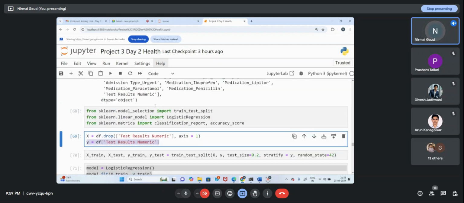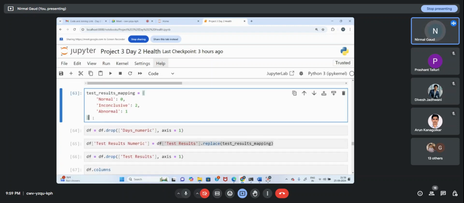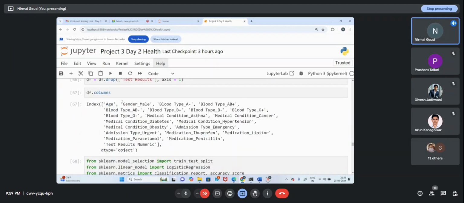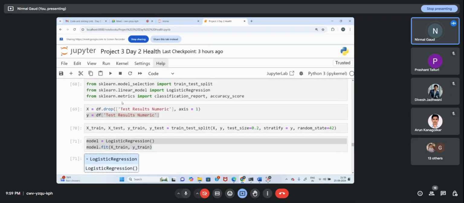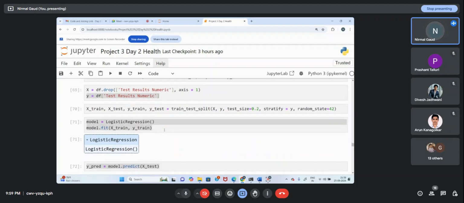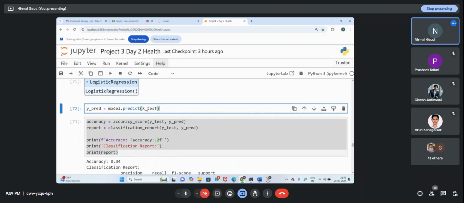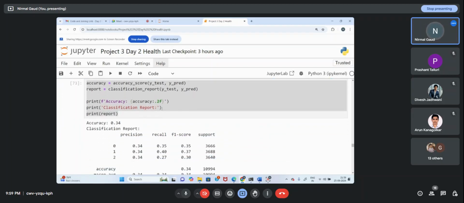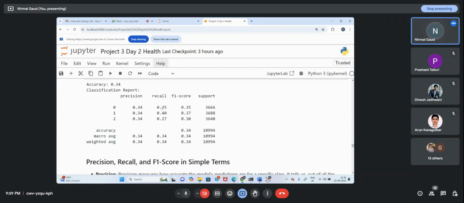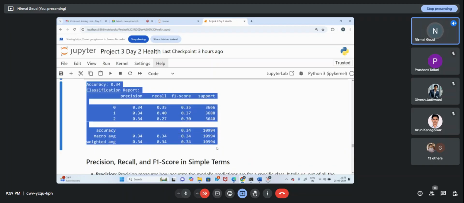I converted it into 0, 1, and 2. Then I applied logistic regression over it. This is my prediction. I printed accuracy and the classification report, and you can see that accuracy is 34%.